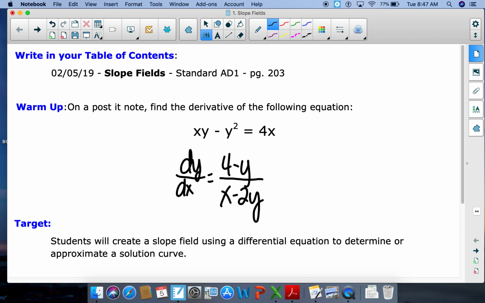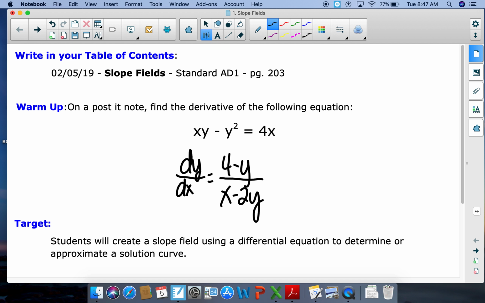But if I asked you to take that 4 minus y over x minus 2y, and go back to the original function through integration, right? That's how we undo differentiation, is integration.